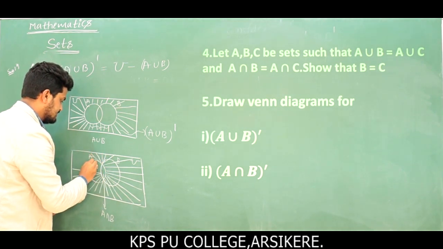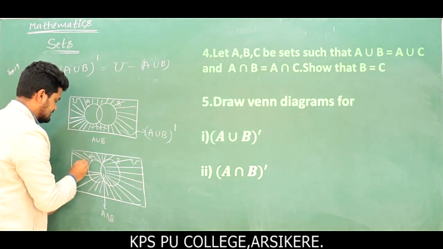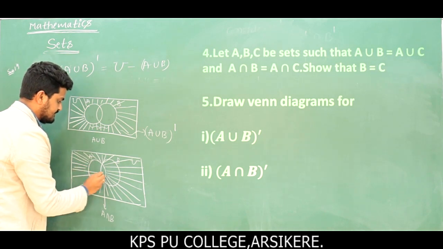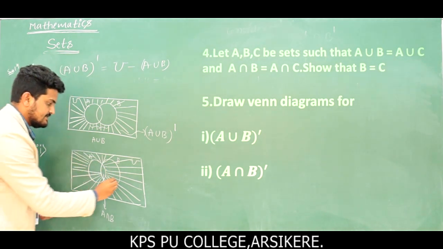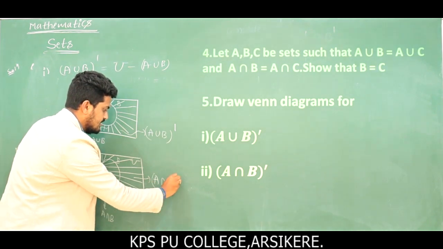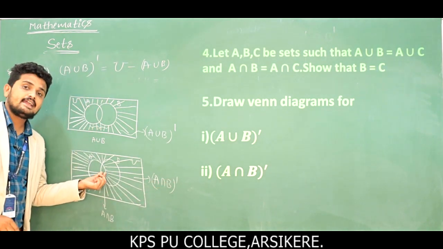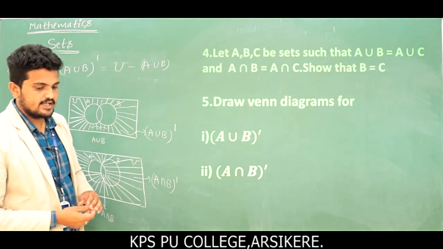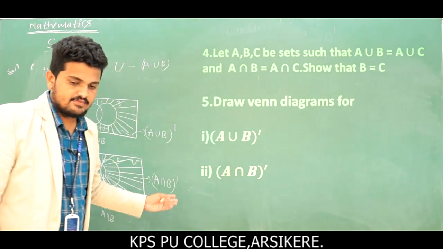Clear? So the Venn diagram is very very easy. This region we call as A intersection B whole dash, except A intersection B.